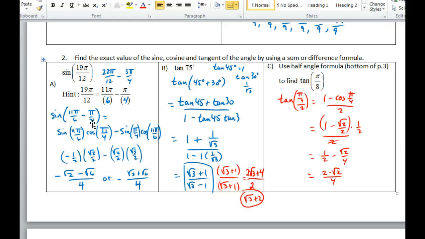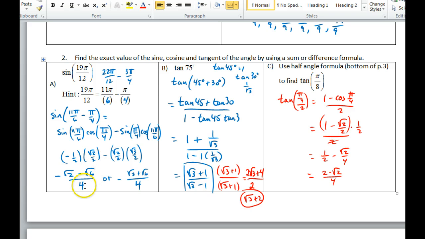So we go back to our formula for the sine, and we say the sine, cosine of the respective angles. Then with the plus or minus, this is minus, so this is minus with the sine. And then sine of pi over 4 and cosine 11 pi over 6. So if I find those values, then I multiply them out. Now some people have trouble with this, but when you multiply fractions, you multiply across the top, you multiply across the bottom.